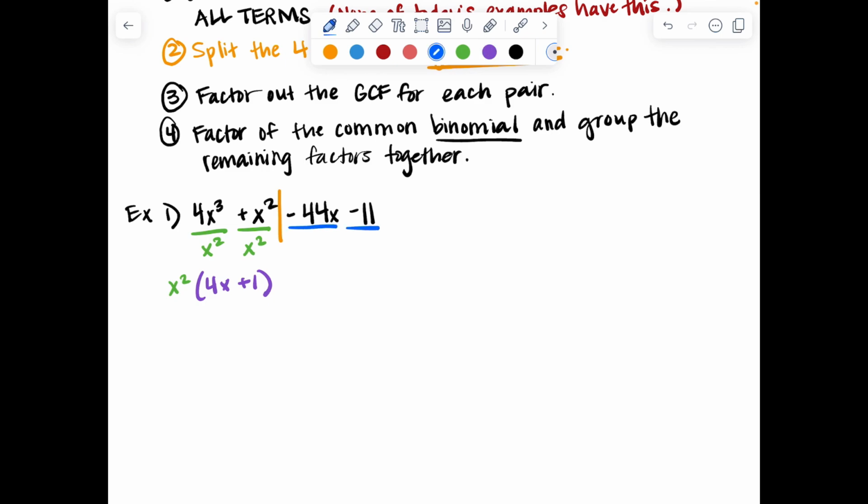Now here's a hint. To find the GCF of the second pair, you can always do this trick and get the right answer. So you're going to take this number, negative 11, and divide it by this number, positive 1. So we're going to factor out negative 11.